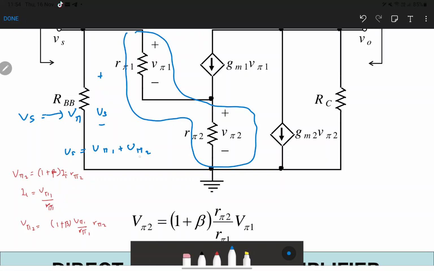So what is V pi 2? V pi 2 is equal to the current entering R pi 2. So this current we call the Ii, and from the previous slide we can say that GM1 V pi 1 equals beta Ii. So the current entering here, the base current of 2, is equal to Ii plus beta Ii, so 1 plus beta times Ii.